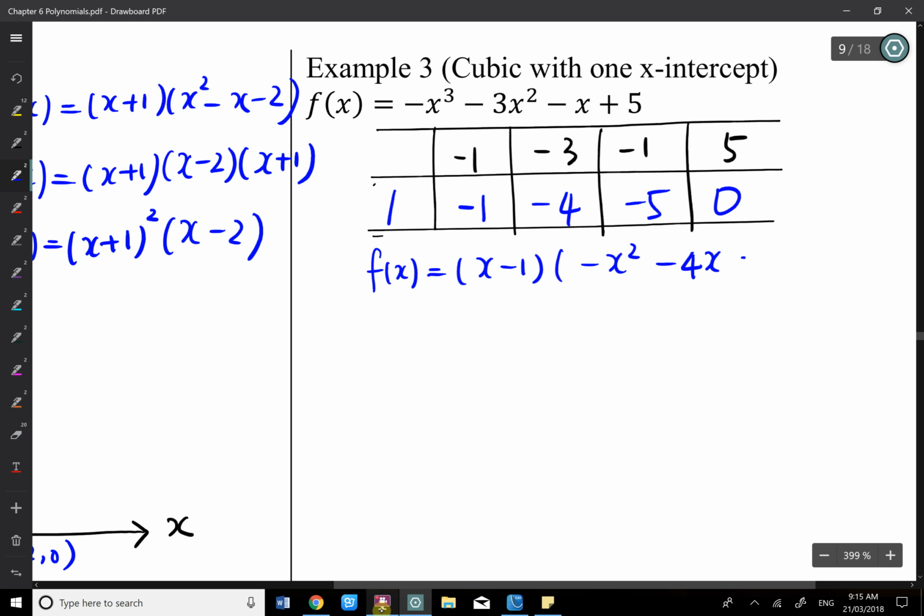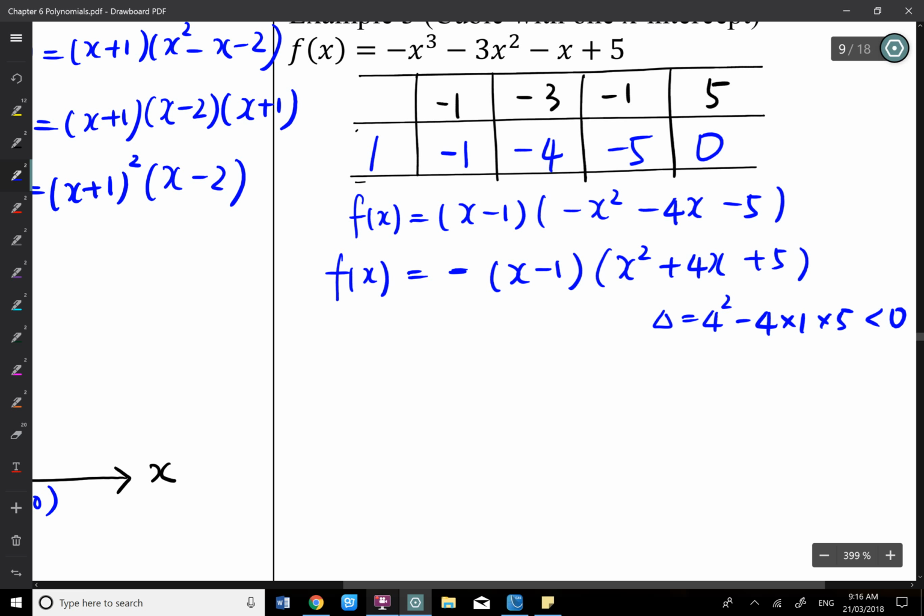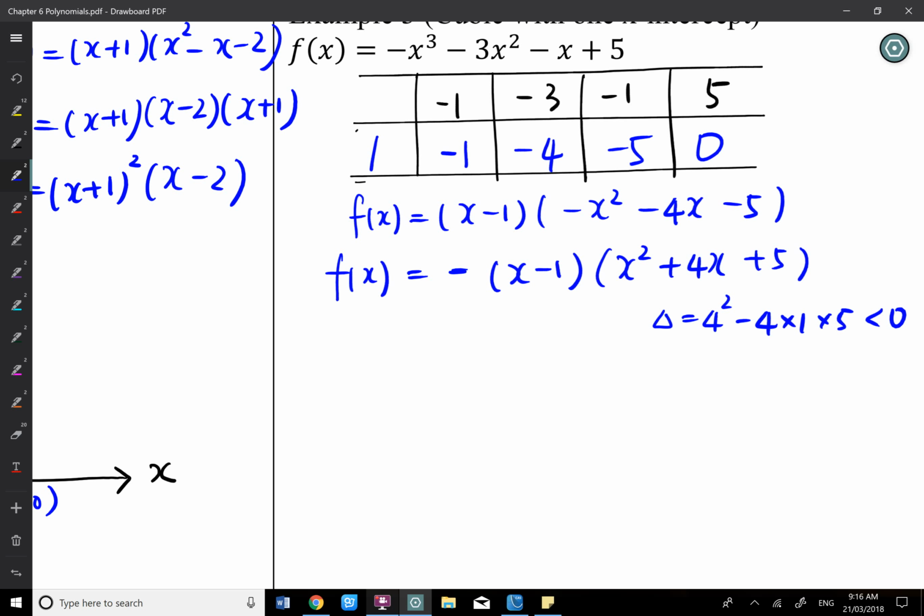Can I keep factorizing it? No, because the discriminant equals 4 squared minus 4 times 1 times 5. That's less than 0. Discriminant less than 0. So if that's less than 0, we can't factorize, which means I don't have other factors. Therefore, how many x-intercepts do you have?